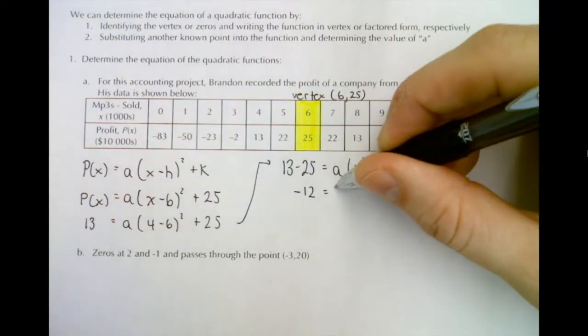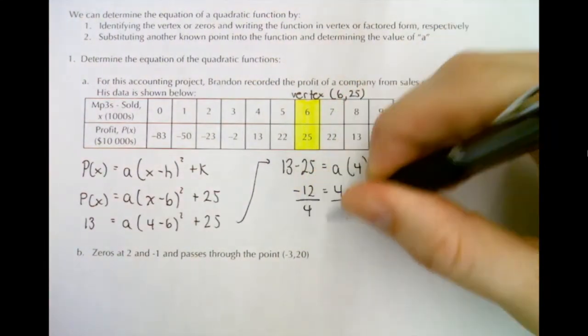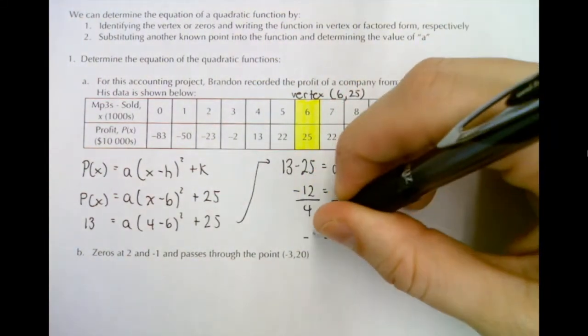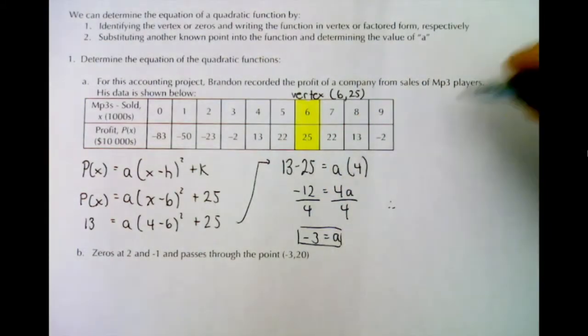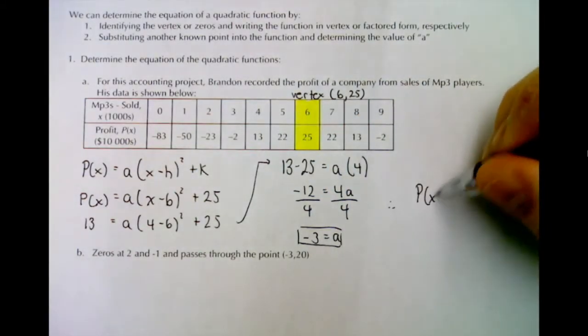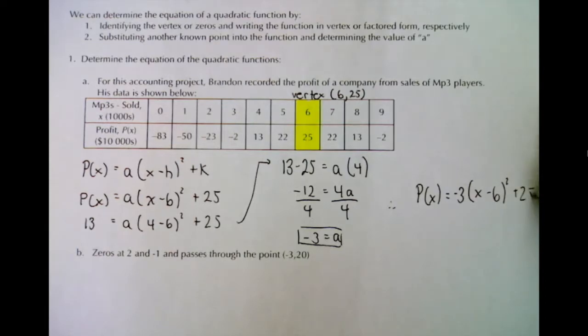A times 4 is 4A. Last step, divide away the 4. We get A is negative 3. Therefore, now we can write our profit equation. P of X is negative 3 times (x minus 6) squared plus 25.